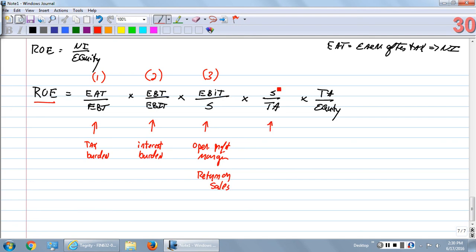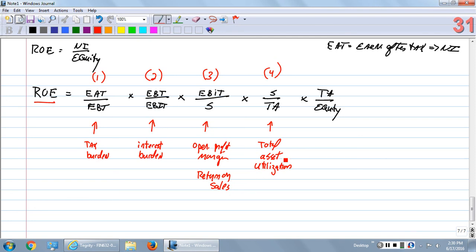The next one, number 4, sales over total assets. That's called our total asset turnover. Different names for it. Your book calls it the total asset turnover. I don't like to call it that. I like to call it the total asset utilization ratio. You can call it total asset turnover if you want. I don't think the firm turns over all their assets every year.